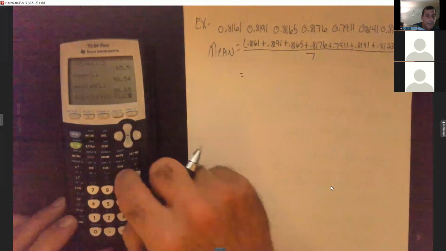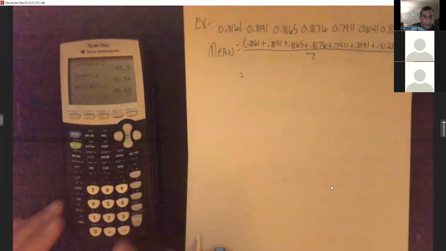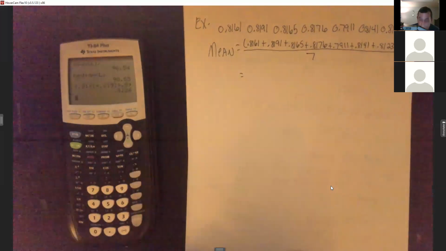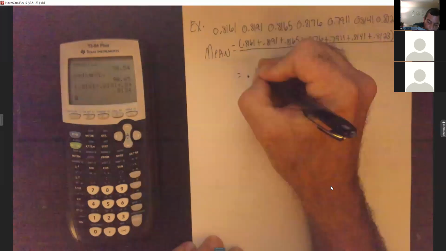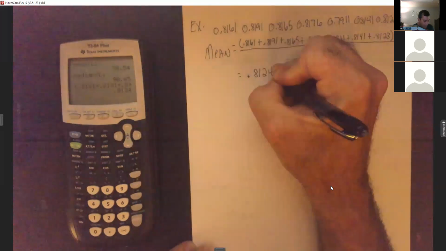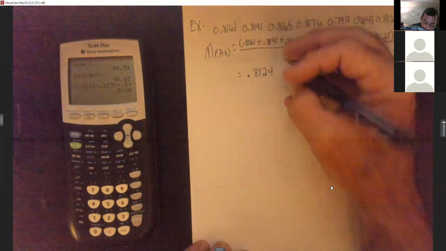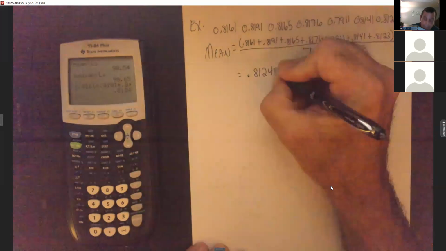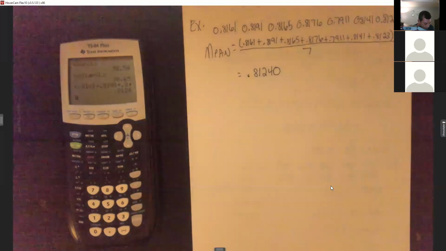Close those parentheses and divide by 7. And we know it should be close to what I'm getting on here, and we got 0.8124. Okay. And this says round 5 decimal places. So since I got to go 5 decimal places, I need to add a 0.